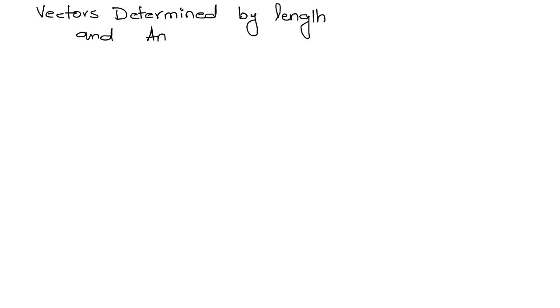Vector determined by length and angle. What does that mean? That is how you can find a vector when the length and the angle are given.